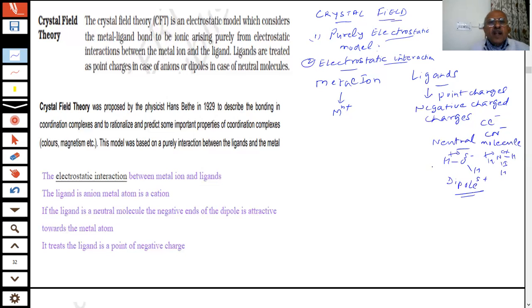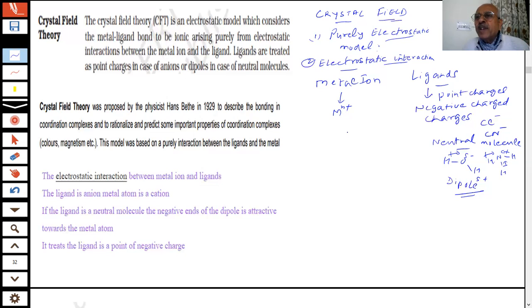This crystal field theory was proposed by a physicist, not a chemist. A lot of work is done by physics people because the electrostatic model is a physics model where they are talking of charges. It is used to describe the bonding in coordination complexes, and to rationalize and predict important properties. The complexes are highly colored and have magnetic properties.